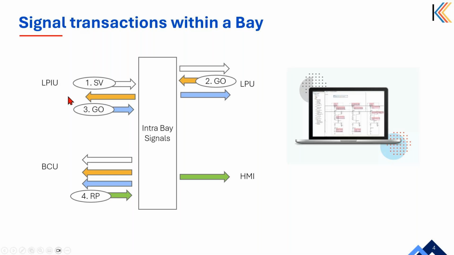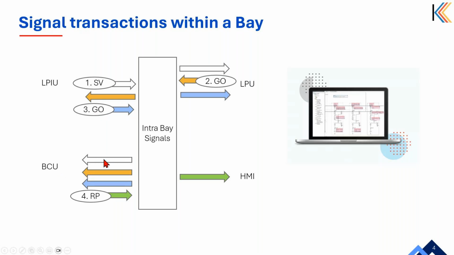That will go to the LPAU. LPAU is also acting like a switch controller, where it has digital outputs to actuate the breaker controller. So it will trip the breaker, and you will be able to see the response in terms of GOOSE. As soon as the LPAU trips the breaker, it sends the status of the breaker as a GOOSE packet, and that can be monitored from the BCU.